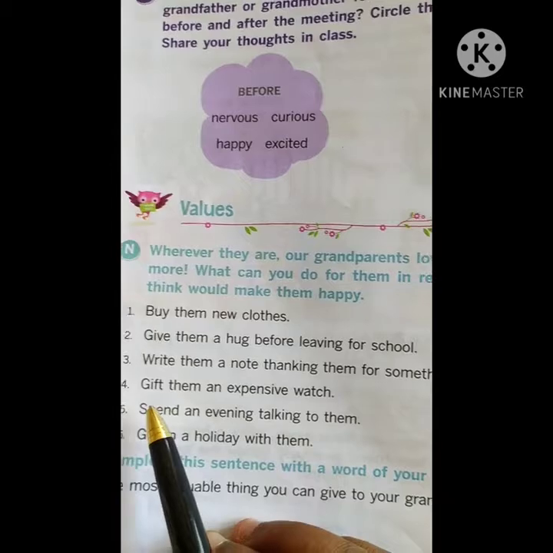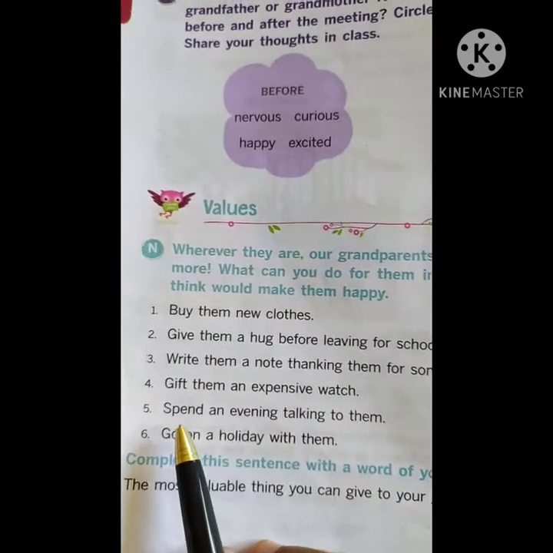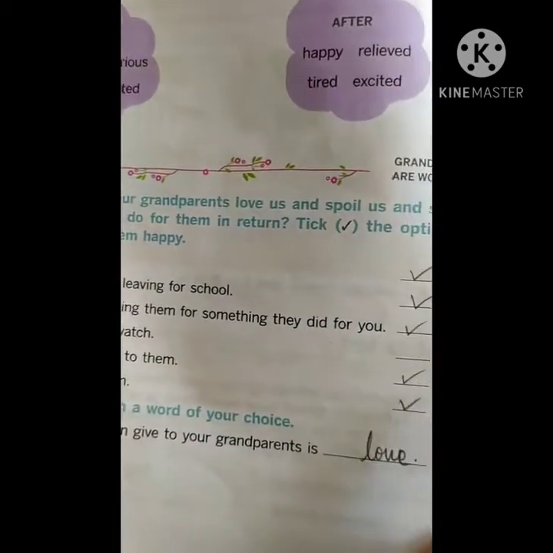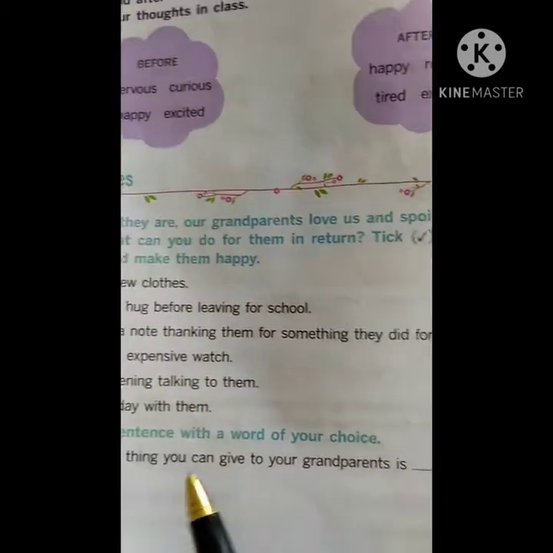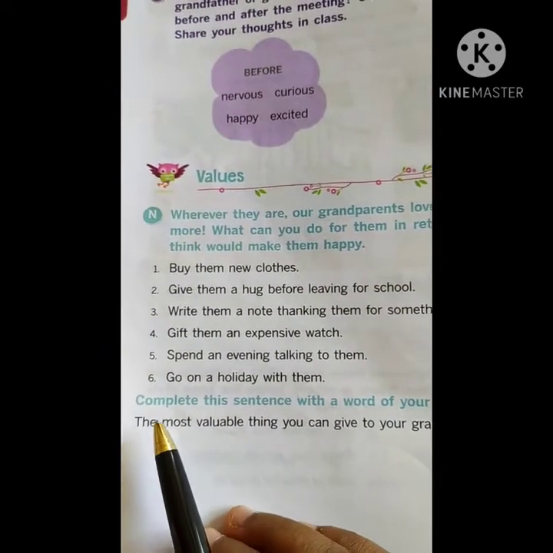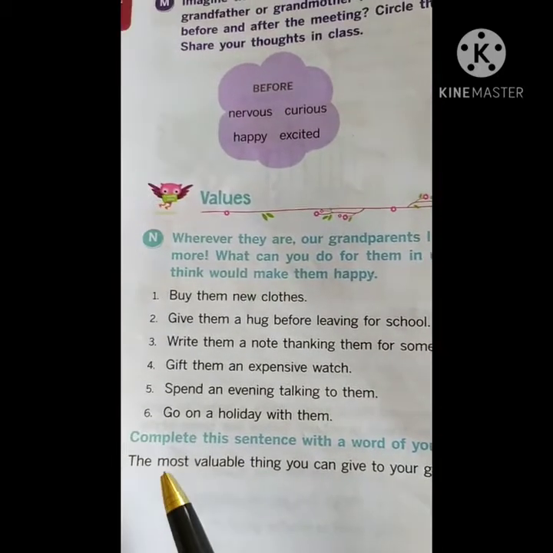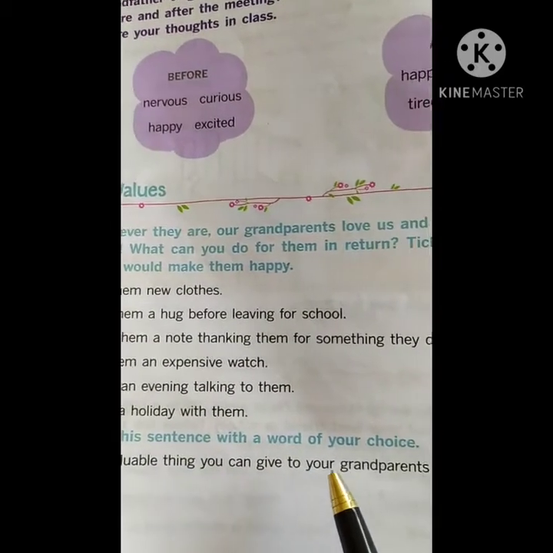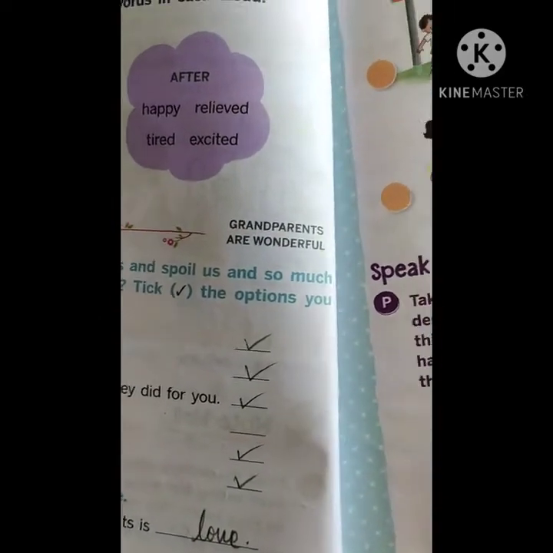Okay, give them an expensive watch. I won't give. Okay, spend an evening talking to them. Yeah, obviously. Go on holiday with them. Yes. Okay, last one, children, complete this sentence with a word that you choose. This is your choice, children. The most valuable thing you can give to your grandparents is, for me, love, obviously, affection and care.